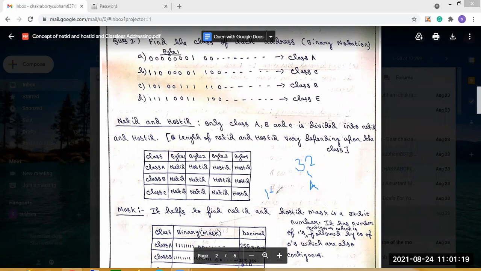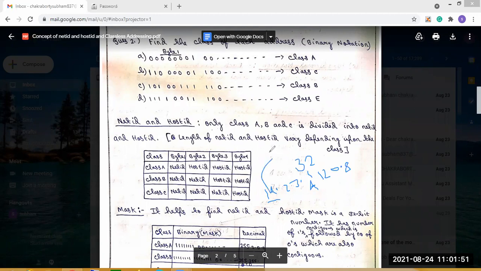Let's say this is an address given: 14.23.120.8. So this 14 is in the 0 to 127 range. What does the 0 to 127 range mean? That means it is of class A.